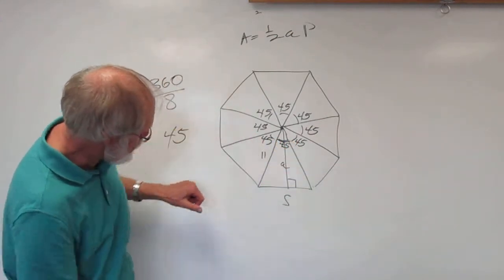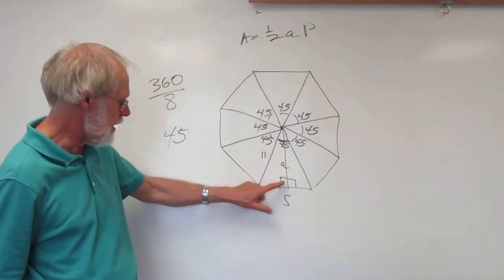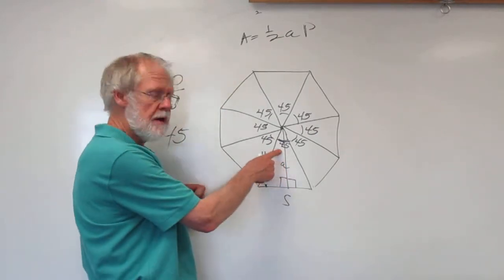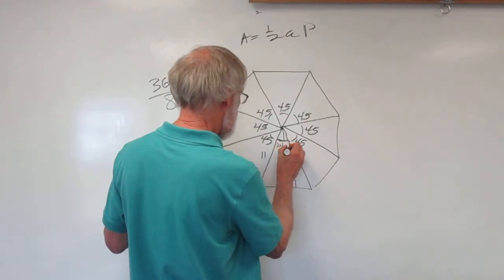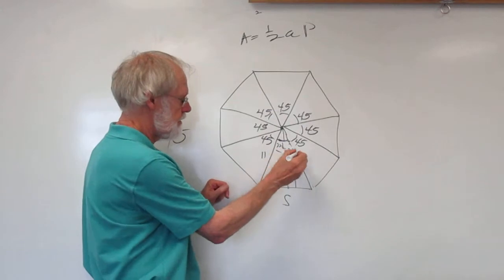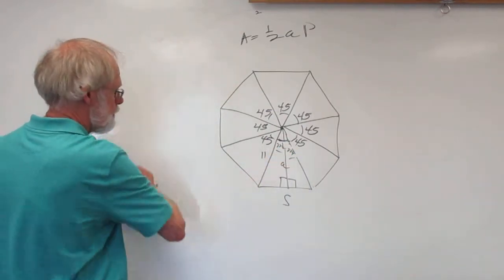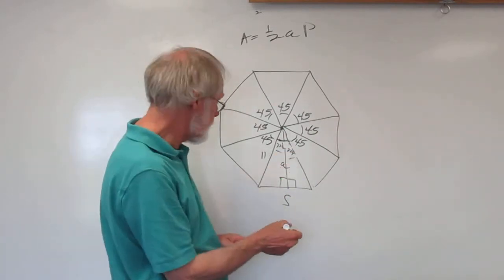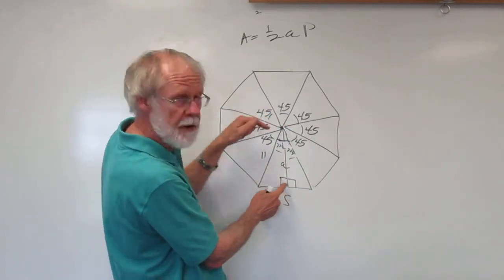But notice what we're interested in is the right triangle over here, because I have a right angle, and SOHCAHTOA uses right triangles. So half of 45 is 22.5. So each of these two is 22.5, this angle and this angle, because the whole angle was 45. Now, if I want to use SOHCAHTOA, I need this and I need this, both of them.